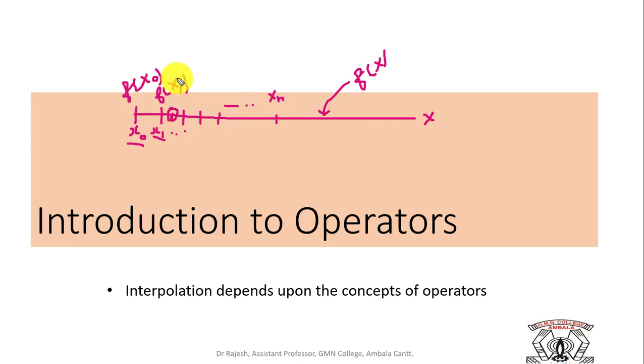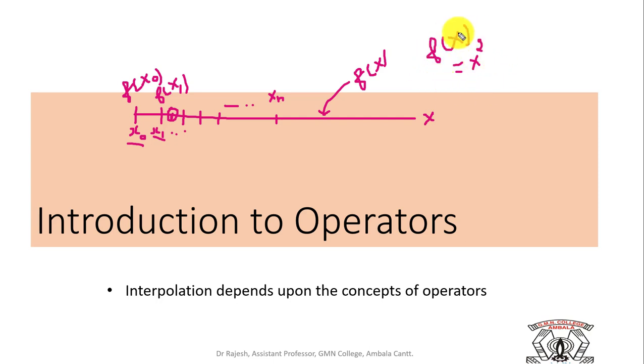So these values of f(x) are given, and the function as such is not given. If some function is given, say f of x is equal to x square, then we can easily find the value of f at any point.